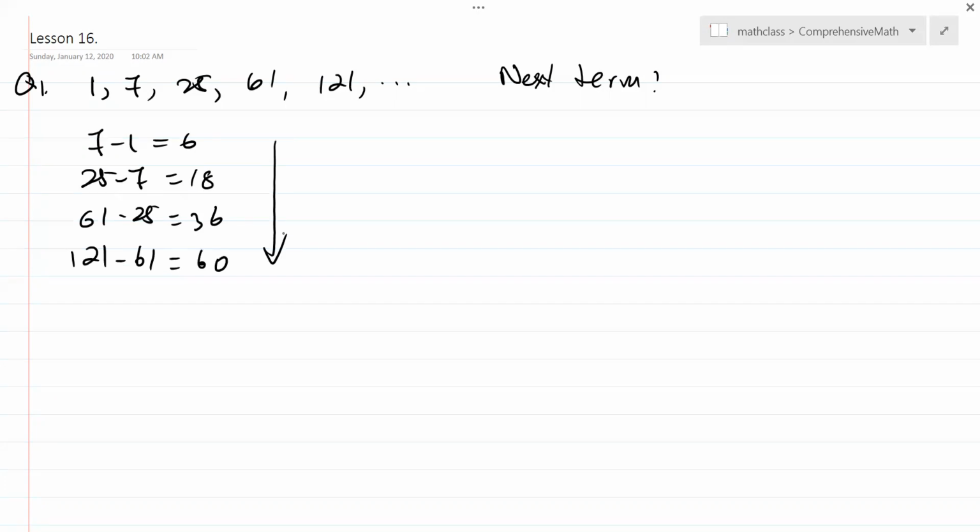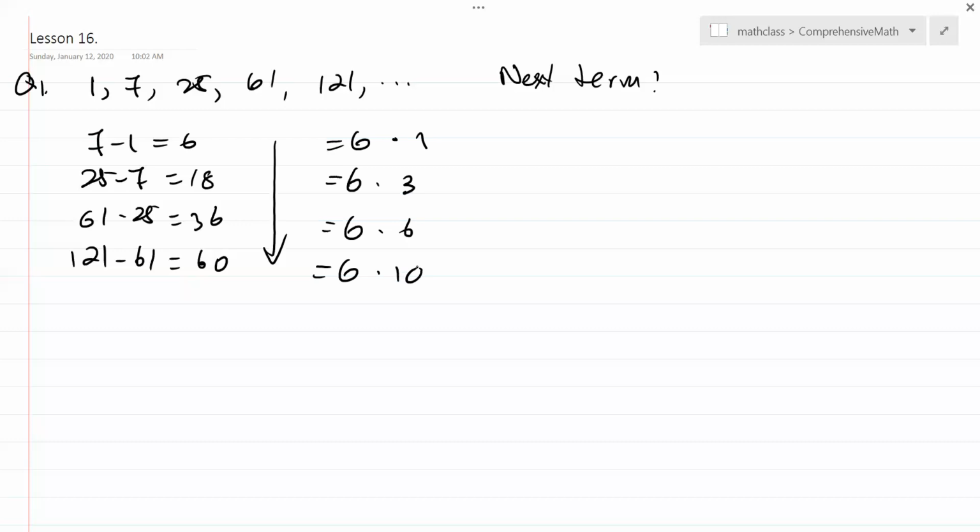So this is another sequence you can get, right? 6, 18, 36, and 60, they are all divisible by 6. That's my hint. So you can write it as 6 times 1, 6 times 3, 6 times 6, 6 times 10.